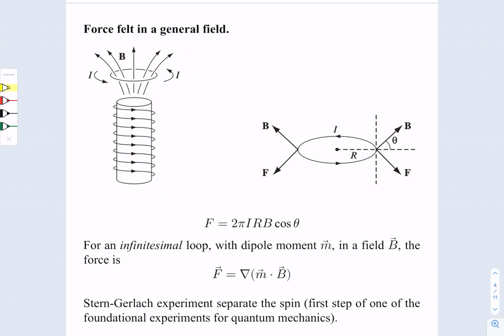So there is a radial component of this magnetic field. So the magnetic field itself is inhomogeneous.